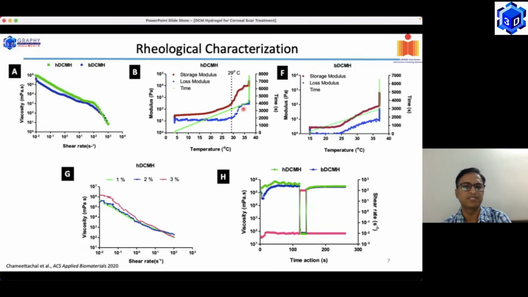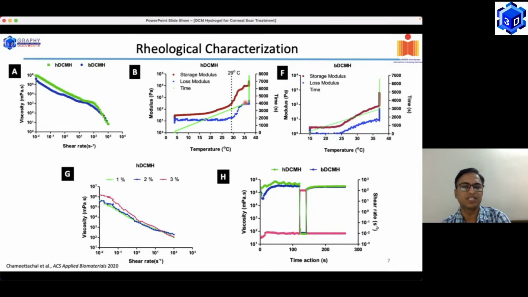Then we have also seen that this decellularized cornea matrix can gelate. That means we get a solution form below 15 degrees centigrade, but when we adjust the pH and go to 37 degrees, you see the modulus increases. That means it is going towards the gel state.